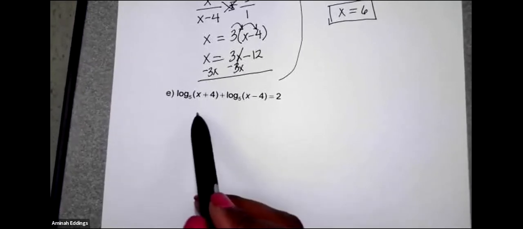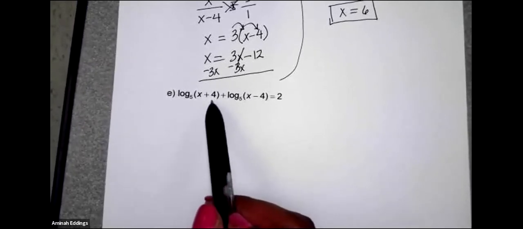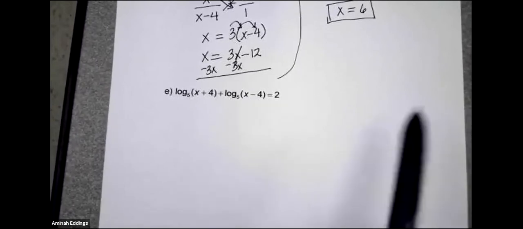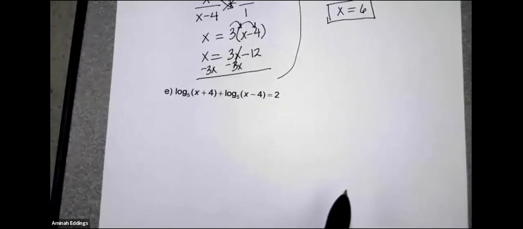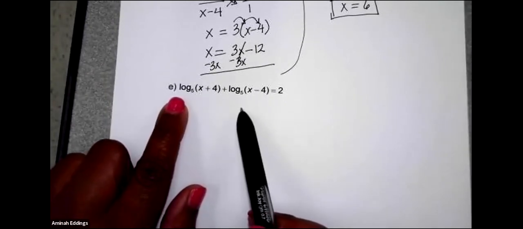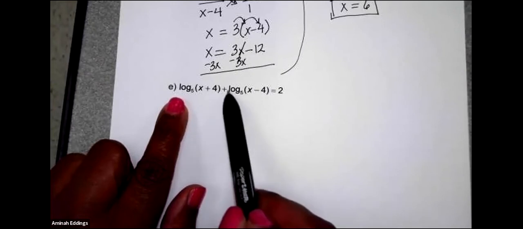E. Log base 5 of x plus 4 plus log base 5 of x minus 4 equals 2. Okay, so how are we going to work this problem? So I have a log here and a log here with addition.